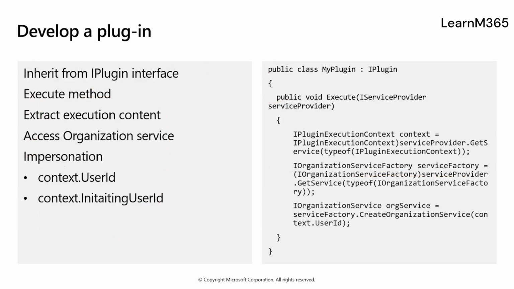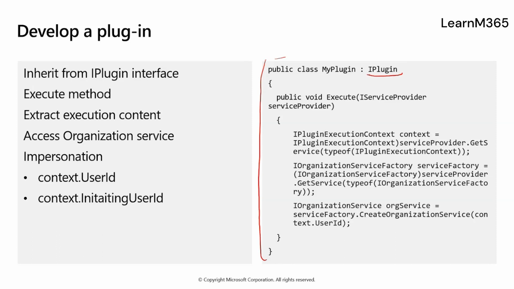Pre-entity images, post-entity images, all these things. If we go for the very basic scenario, we would create a project, and in that project we would have a class, and that class is inherited from the IPlugin interface, and in that we would have the Execute method. This is the type of code we would be having in the class.